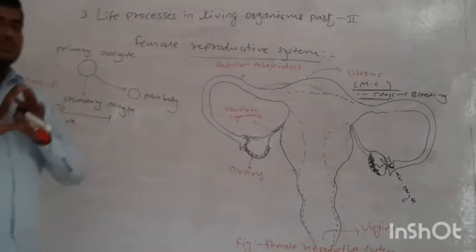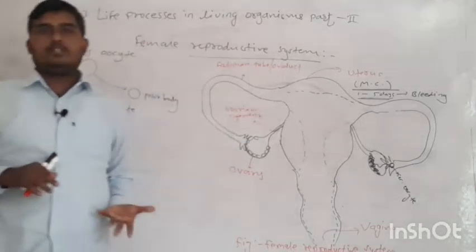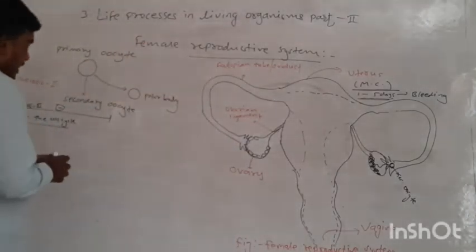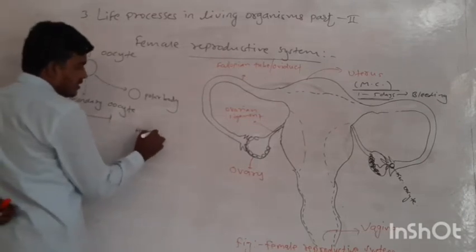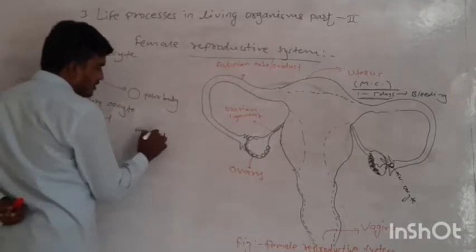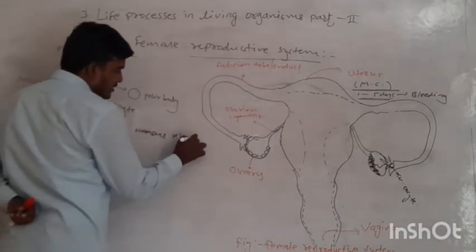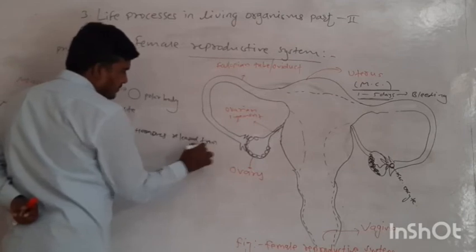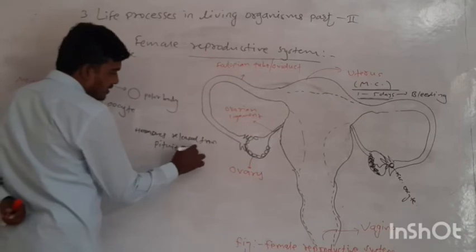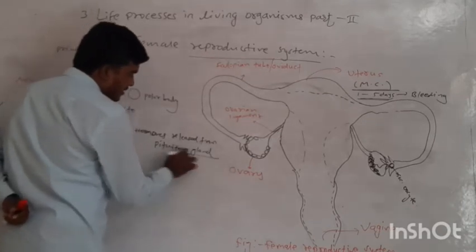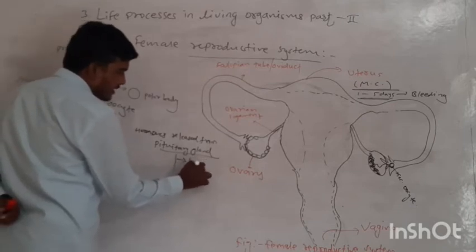Now there are two hormones again that participate in this process, the ovulation process. Two hormones are released from the pituitary gland. These are luteinizing hormone, LH hormone.